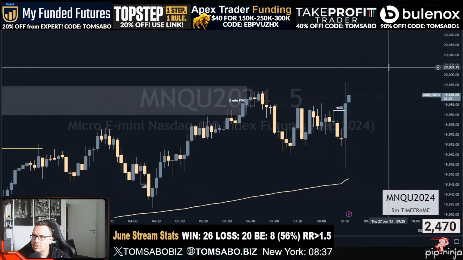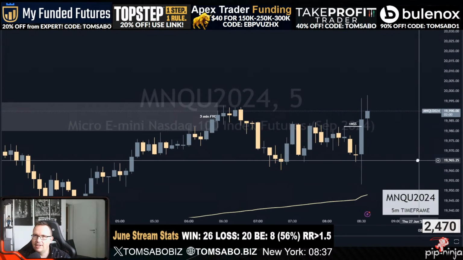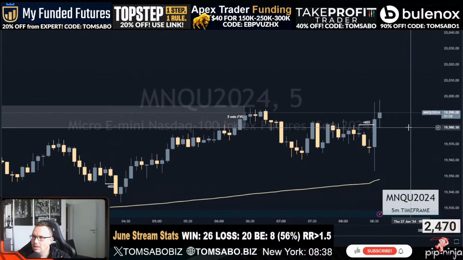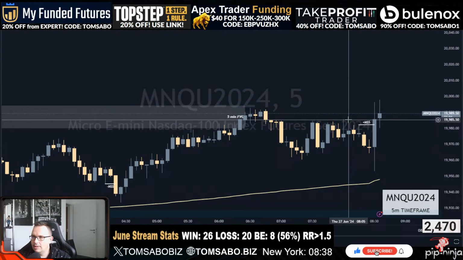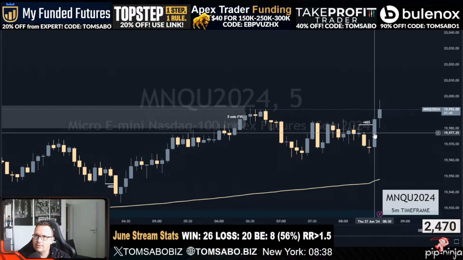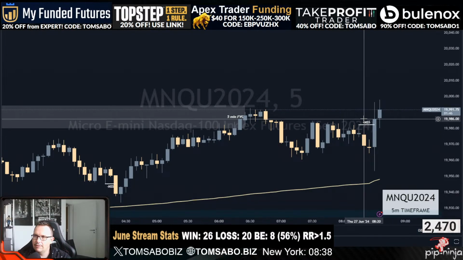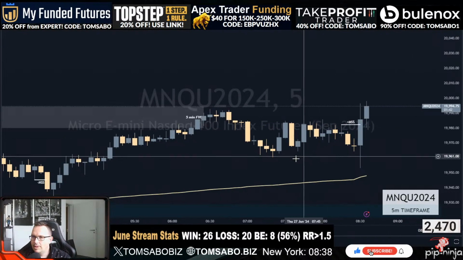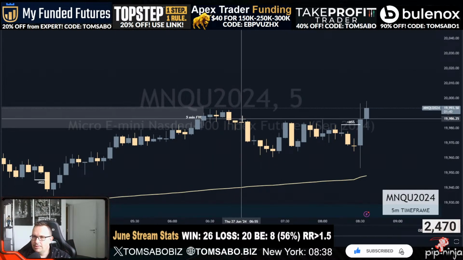Bullish market structure shift right there on the 5-minute. This is a shift, and this is almost a shift. Let's see, the high of this candle is 85.75 and the close of this candle is 85.75. So we have technically 2 shifts here. All right, liquidity sweep.